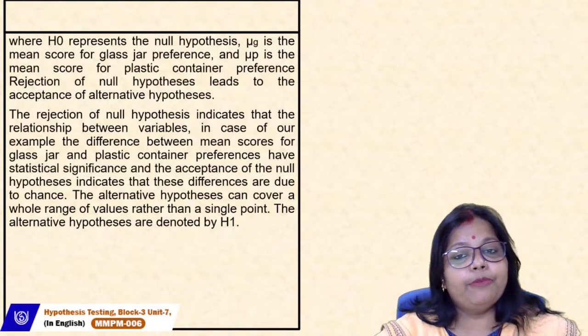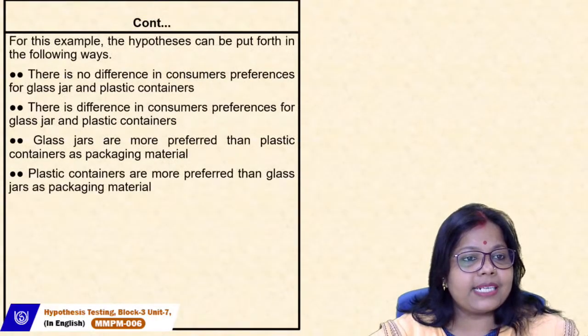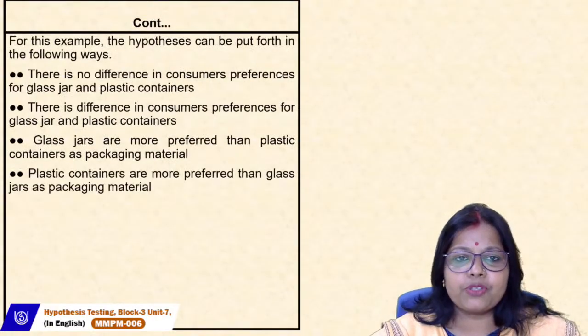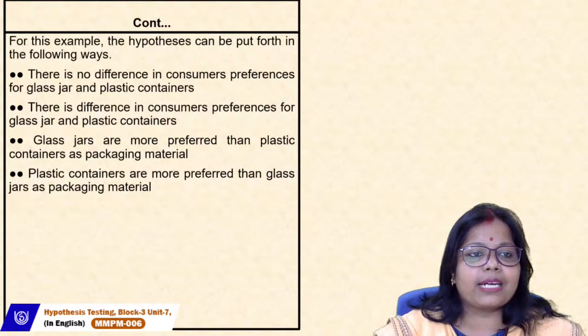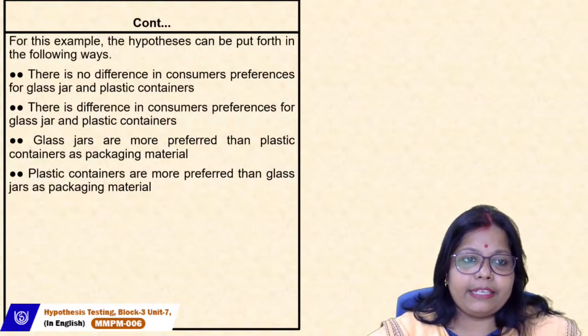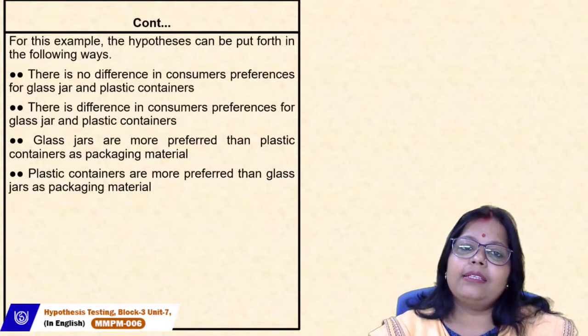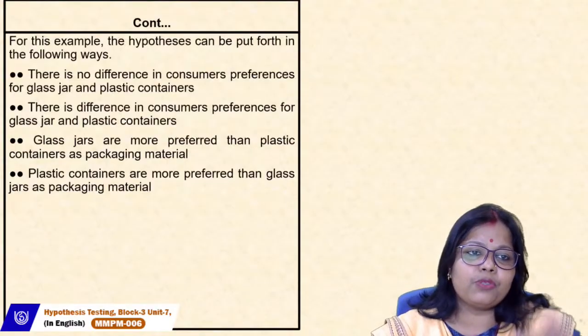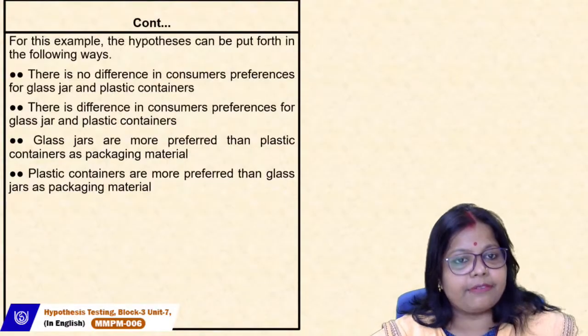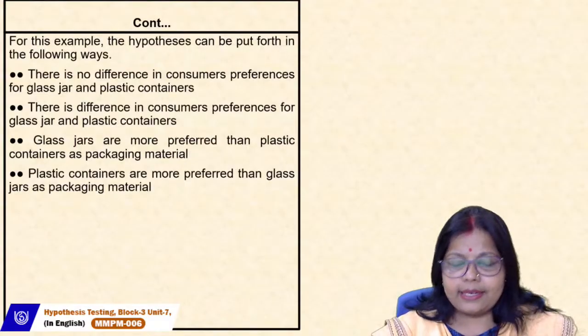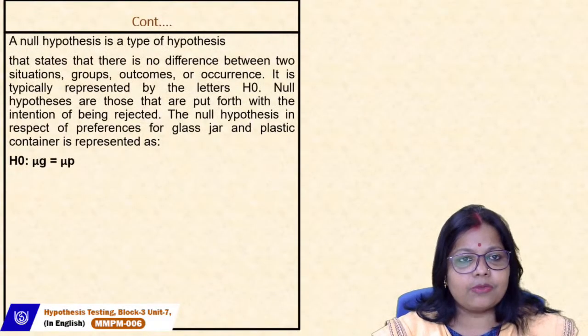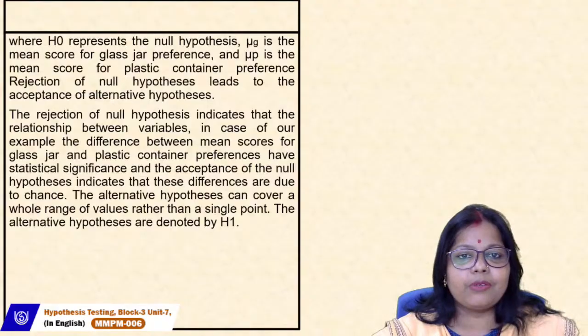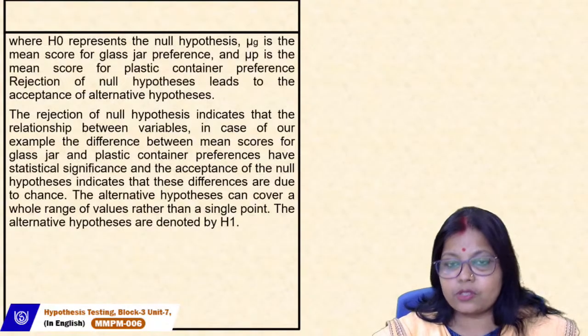In our case, if we go back to the previous statement, that there is no difference in the consumer preference for glass jar and plastic containers, then the alternative hypothesis will be just the opposite of the past statement. There is a difference. This is the relation between H0 and H1. Why is it so?